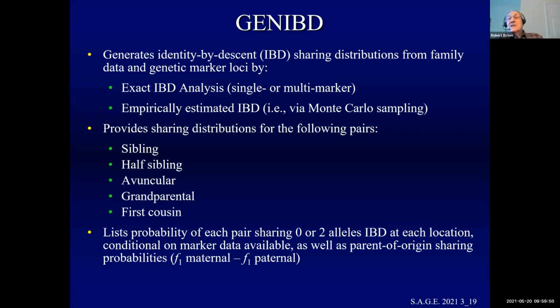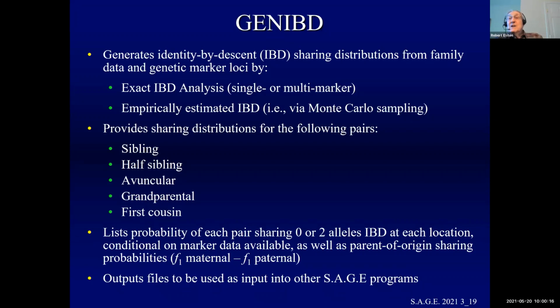And what it does, it lists the probability of each pair sharing 0 or 2 alleles identical by descent at each locus, conditional on the marker data available, as well as parent of origin sharing probabilities. That is to say, the probability of sharing one maternal minus the probability of sharing one paternal.